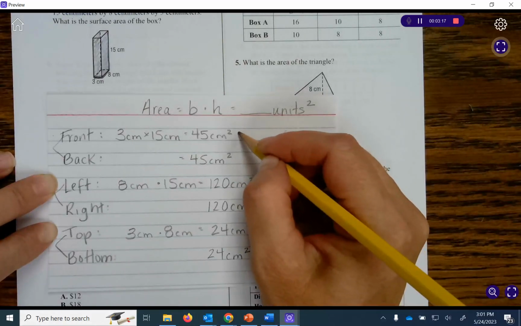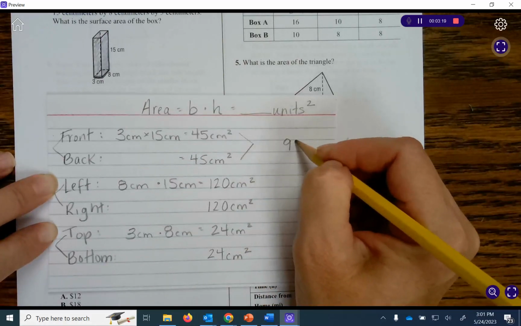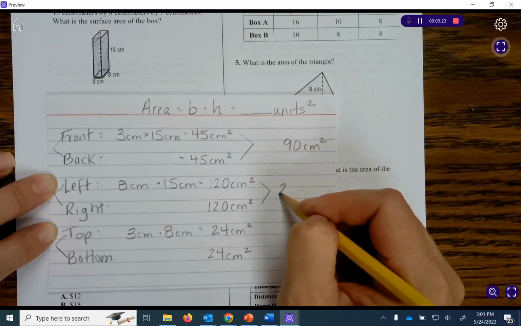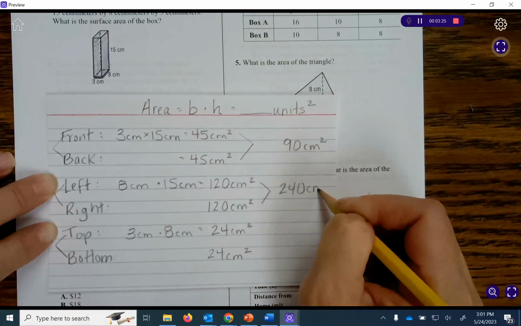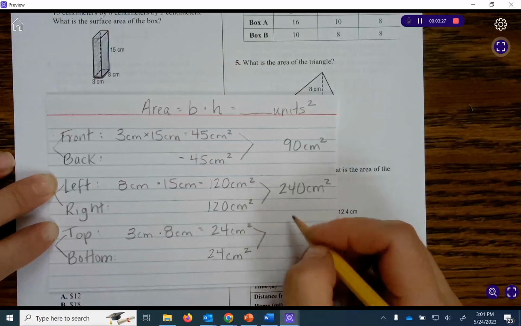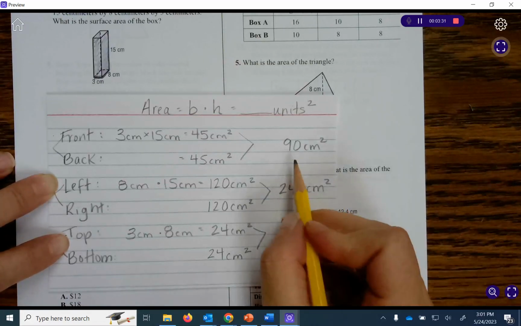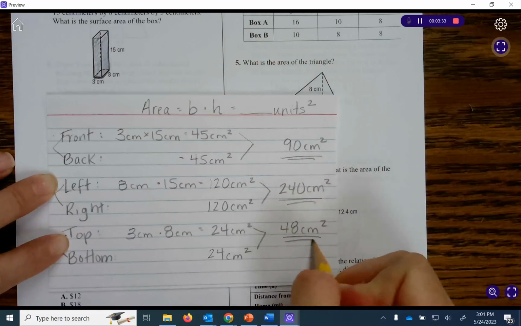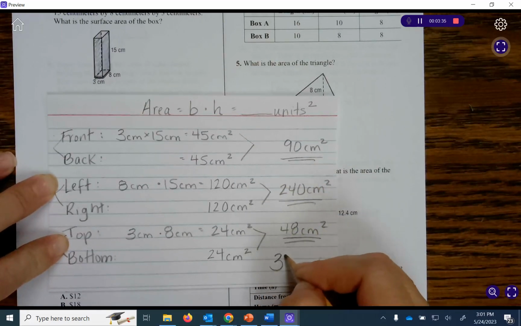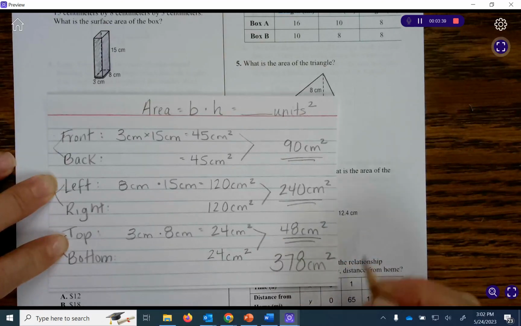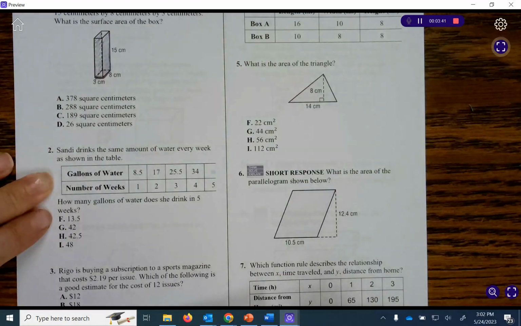To save a little bit of time, I'm going to make this 90. Add these two up. This is 90 centimeters squared. This is 240 centimeters squared, and this is 48 centimeters squared. And when I add these values together, I get 378 centimeters squared. And that would be answer choice A.